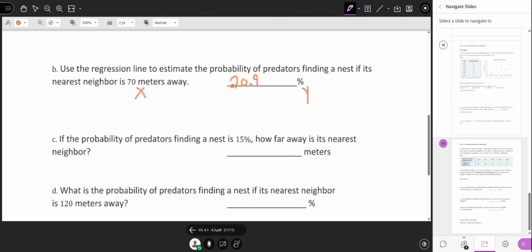Then, if the probability of predators finding a nest is 15%, so then you put 15 equals negative 0.54x plus 58.7, and then you solve.